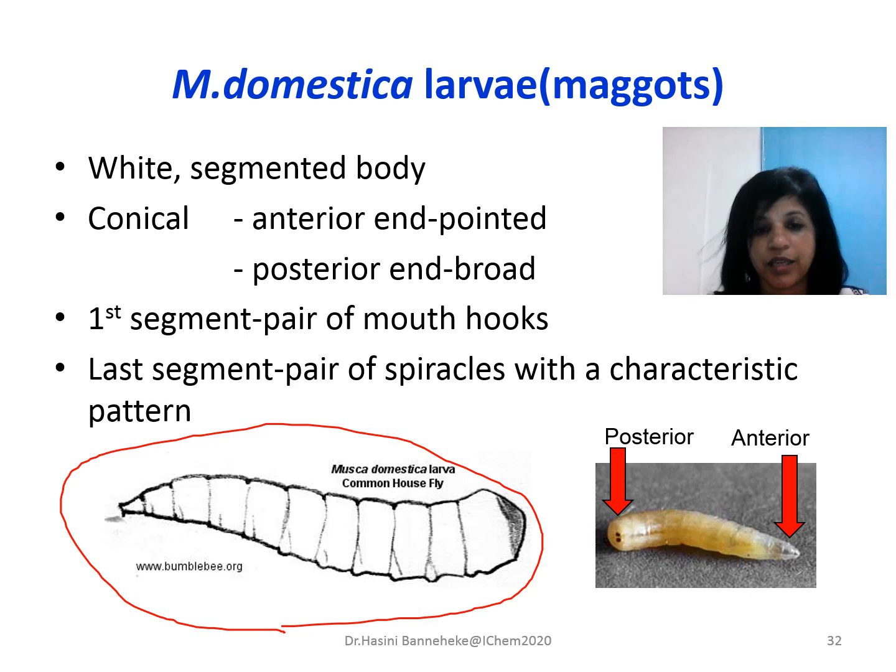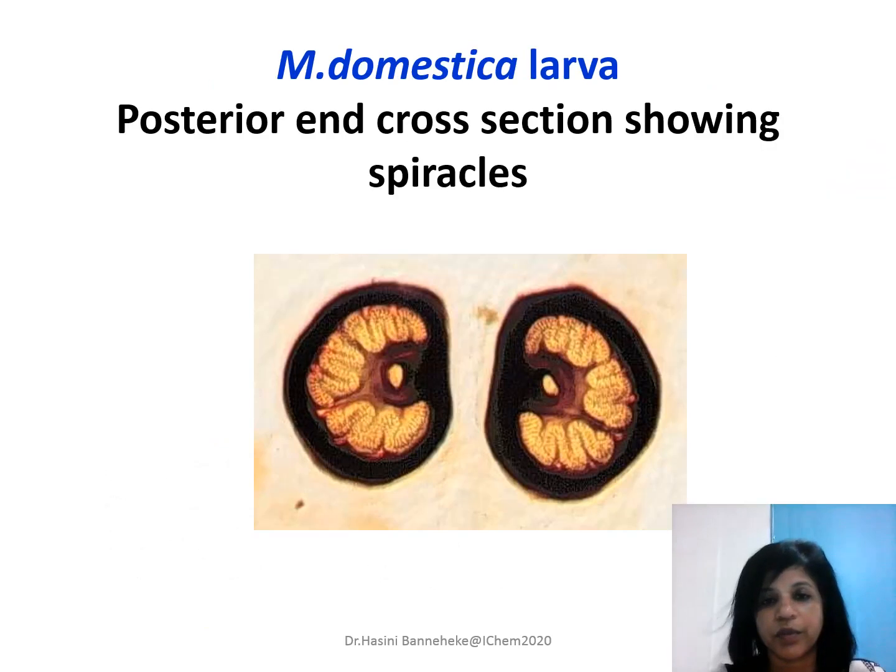The anterior end has kind of mouth hooks to hang on to the surface wherever they are, and the last segment has some structure called spiracles, which have a characteristic appearance. With the help of that appearance, we can make a good guess of what the species of fly is if we are not seeing the adult, but only the larval stage.